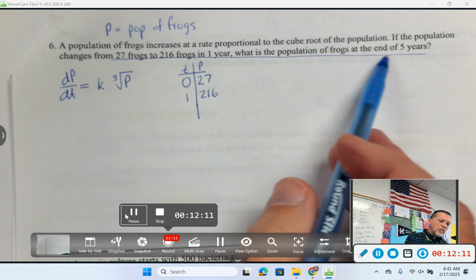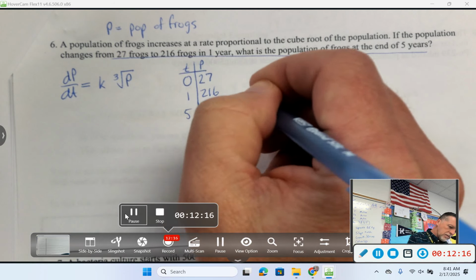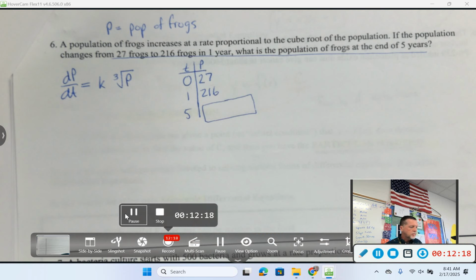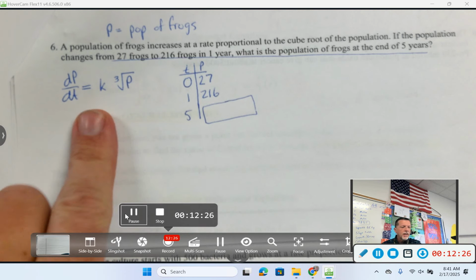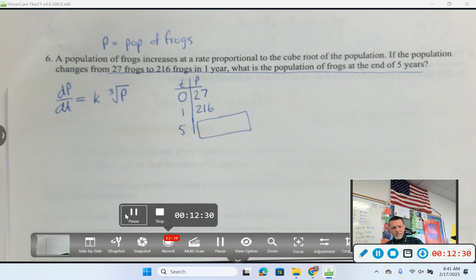What is the population of frogs at the end of 5 years? All right. A lot is going to be my guess. So we've got a differential equation. So let's separate, integrate, solve for c.